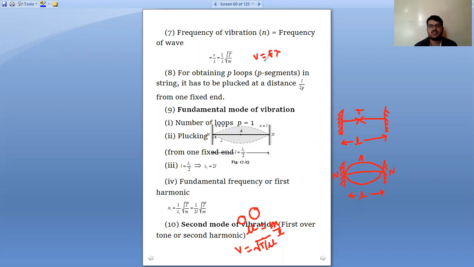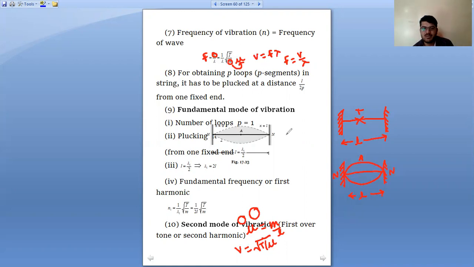So f is equal to v by lambda. That's why frequency f is equal to v by lambda. Now this is 1 by lambda and this is the v value. What is the v value? Already I told, under root T by mu. You replace this M with mu, because we generally denote this as mu. So this is 1 by lambda under root T by mu.